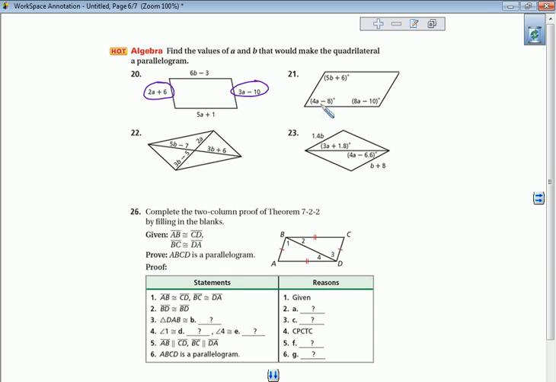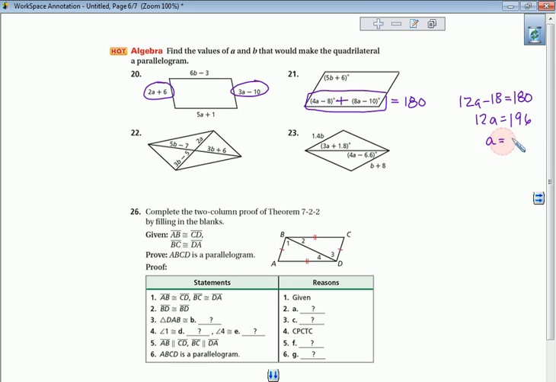That's all you do. On this one, we would take these two and add them and set it equal to 180. Then we found A. So let's do this. Here we get 12A minus 18 equals 180. So 12A equals 198.